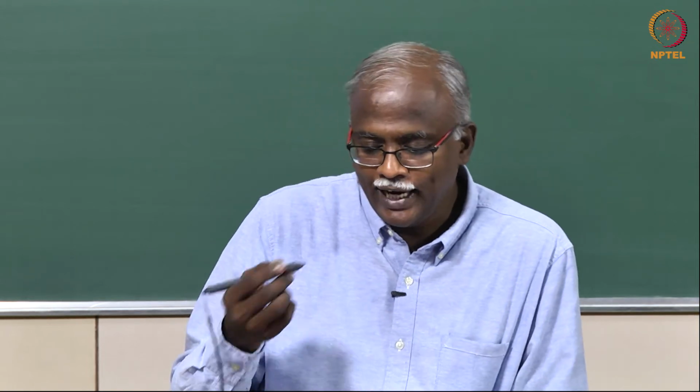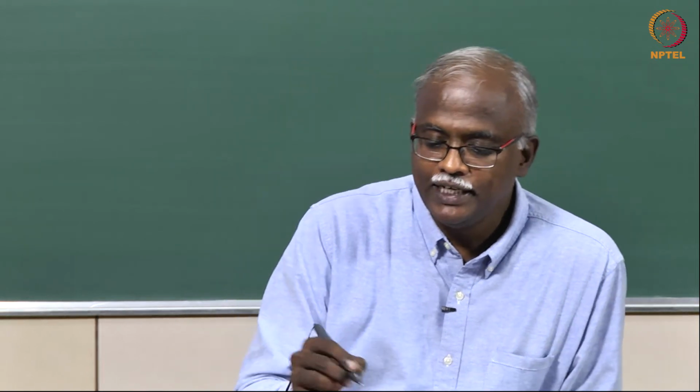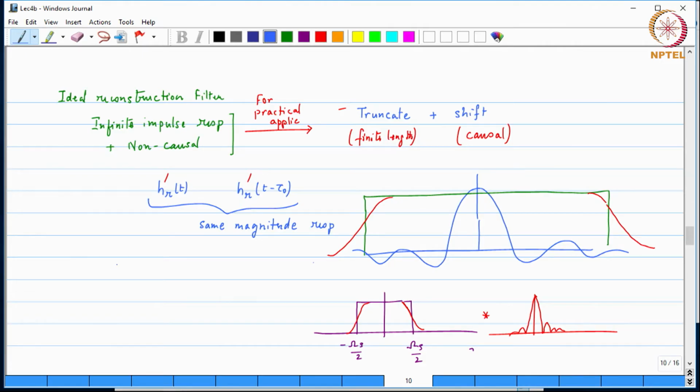So, what we can achieve in practice is a reconstruction filter which has the Nyquist properties, that is the corresponding zero crossings, but has a response that looks a little smoothed out on the sides. Notice that the cutoff point is omega_s by 2 plus epsilon, slightly larger.